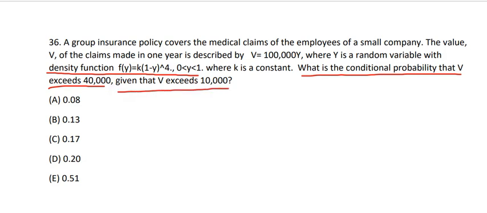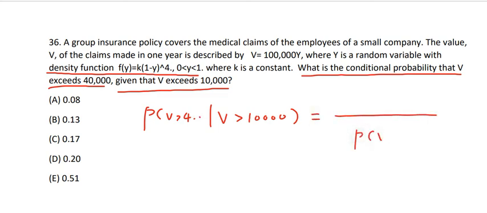So our probability is V larger than 1,000 under the condition that V is larger than 4,000.